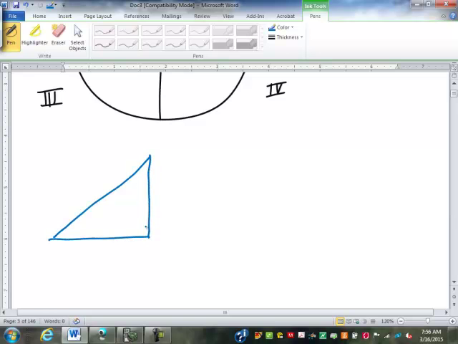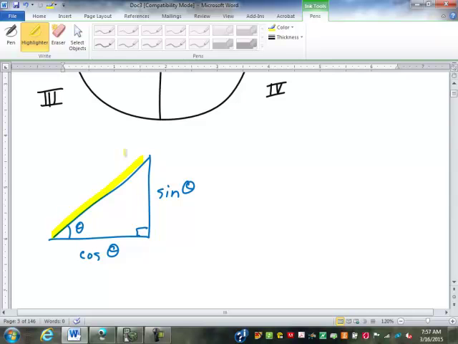Here's the angle that I call theta. This length on this side was the sine of that angle. This length down here was the cosine of that angle. Do I know the length of the hypotenuse here? Yeah, what is it?